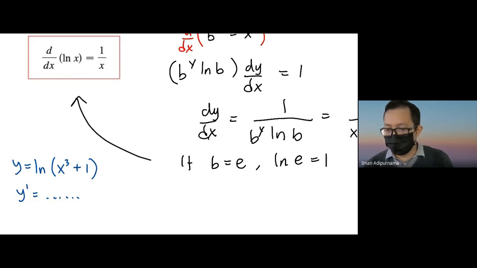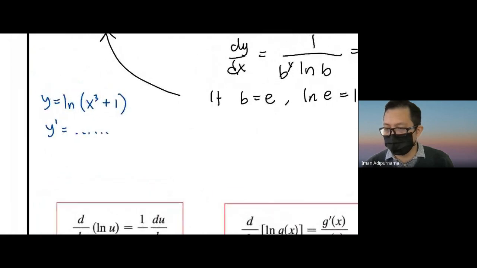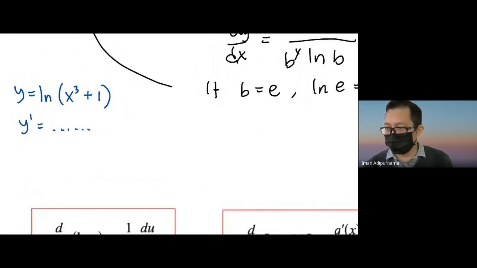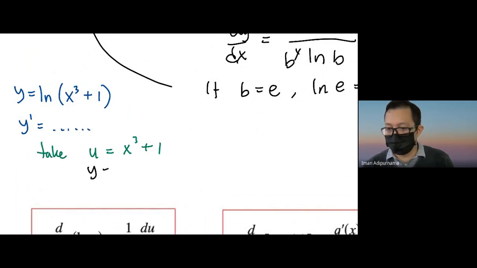Okay, one way to solve this differentiation is, let's take another variable, let's say u, and let this be the x cubed plus 1. If I'm only having the ln u, then y is ln u.